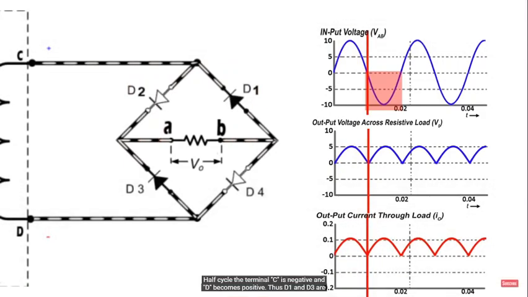During negative half cycle, the terminal C is negative and D becomes positive. Thus, D1, D3 are forward biased and D2, D4 are reverse biased.